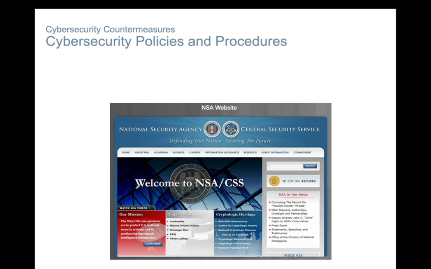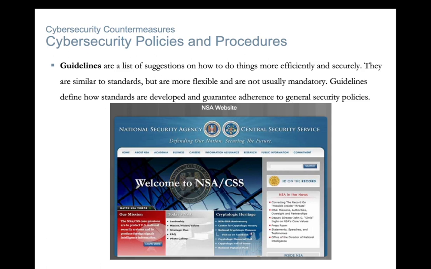In addition to an organization's defined best practice, guidelines are also available from the National Institute of Standards and Technology, NIST, Computer Security Resource Center, or the National Security Agency, NSA, which gives security configuration guidelines, and the common criteria standards are also given by other organizations.